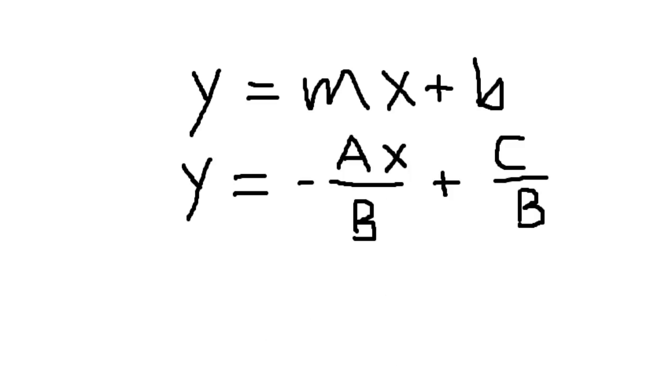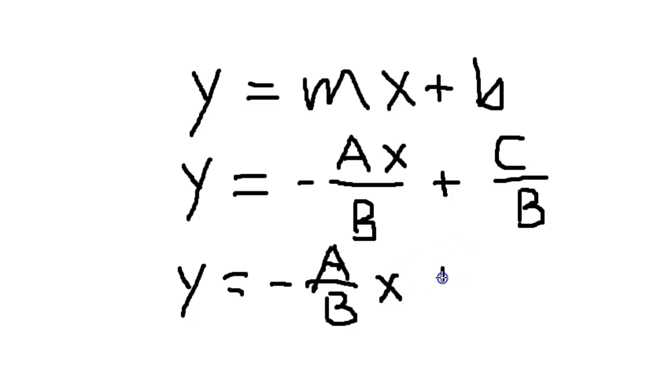So just to reiterate, we end up with y equals negative AX over b plus C over b, and then we can rewrite that like this, y equals, and let's separate the fraction a over b from the x. So we can write it like this, negative a over b times x plus c over b.